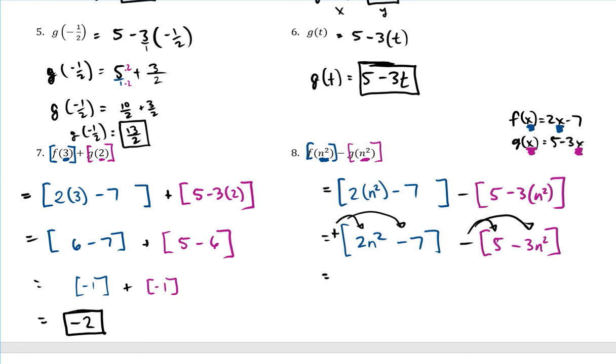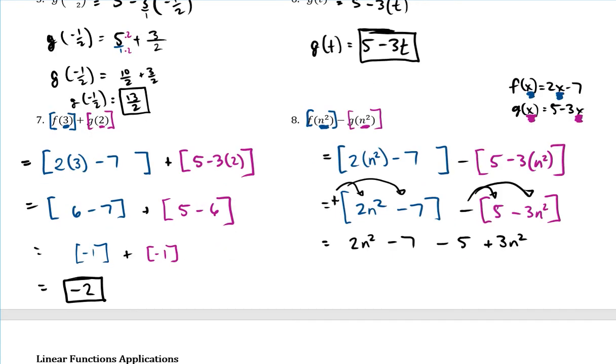And so what's going to happen is positive distributes, which leaves us with 2n squared minus 7. And then this minus distributes, so that 5 would become minus 5. And then the minus 3n squared would change to a positive 3n squared. And then now we can simplify because we have no more brackets and we can combine like terms.